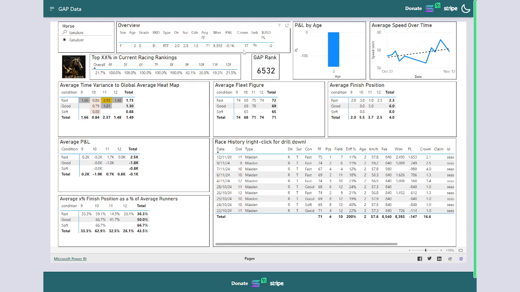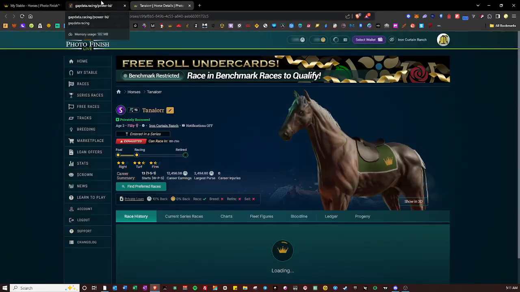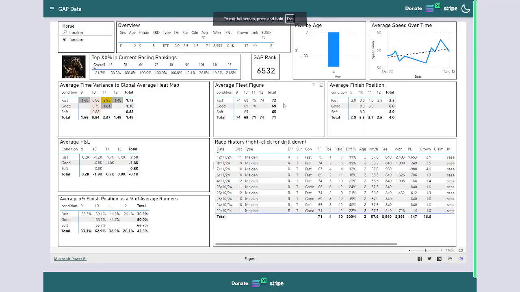And then the final P&L is on the far right. It lost $2, so this horse has lost $2 in its first season. If you want to look at the horse, you just click those little links and that will take you to Photo Finish. Just hit the back button. We can look at the horse on Photo Finish in a minute.